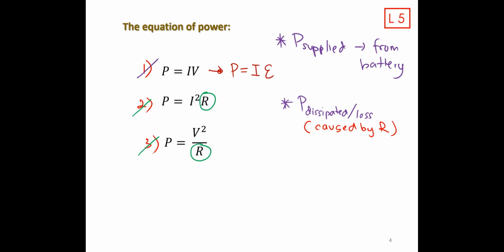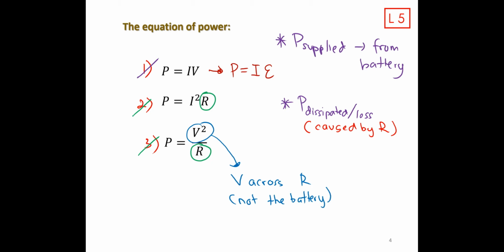But if you want to use equation number 3, make sure that your V must be the V across the resistor, not the battery. Remember that.